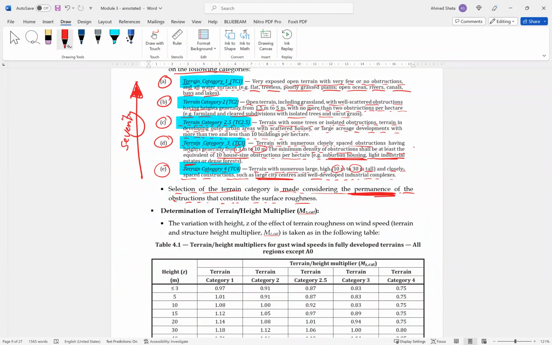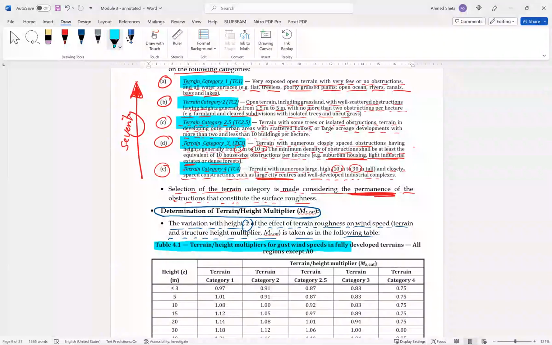The next point is the determination of the terrain height multiplier, which is MZCat. It describes the variation with height Z of the effect of terrain roughness on wind speed; the terrain and structure height multiplier is taken from the following table. Table 4.1 is the terrain height multiplier for gust wind speed in fully developed terrain for all regions except A0.